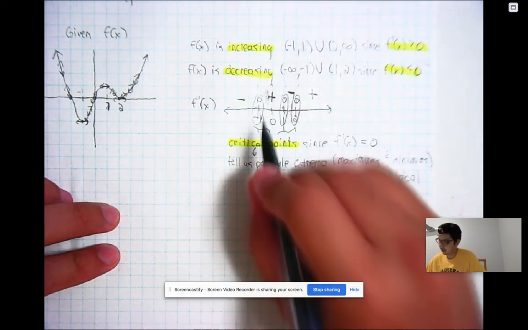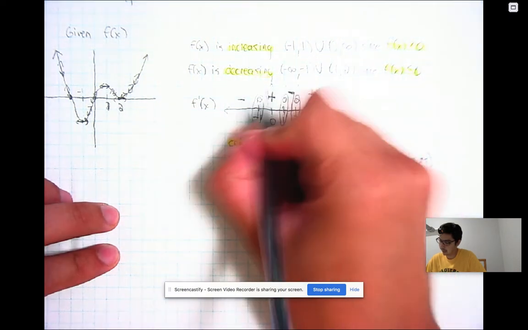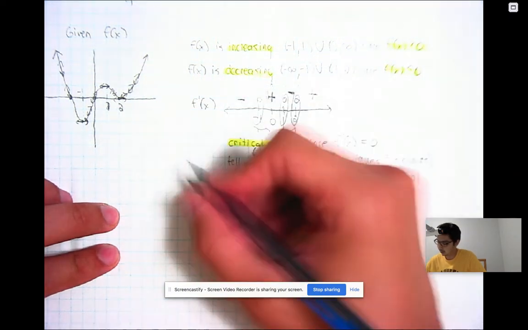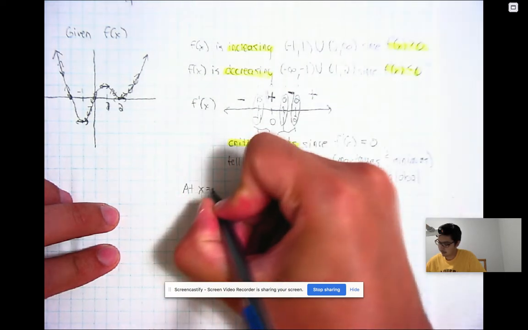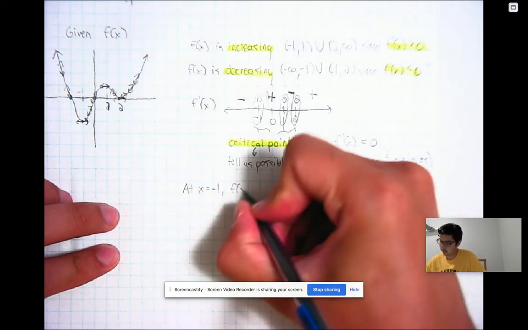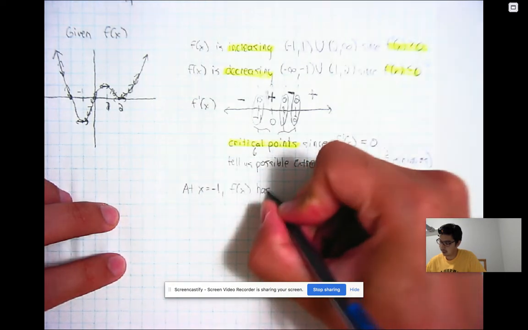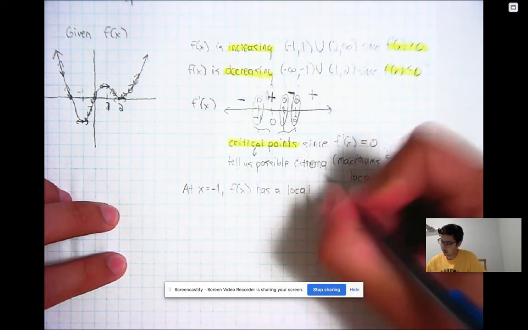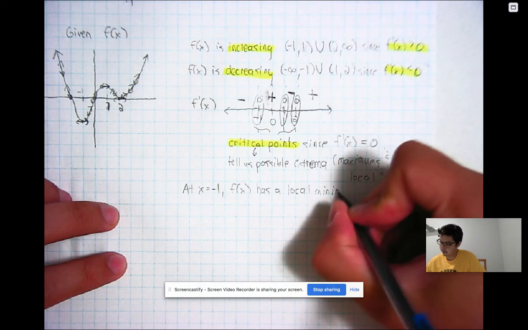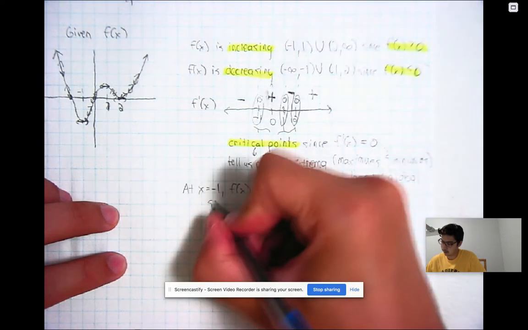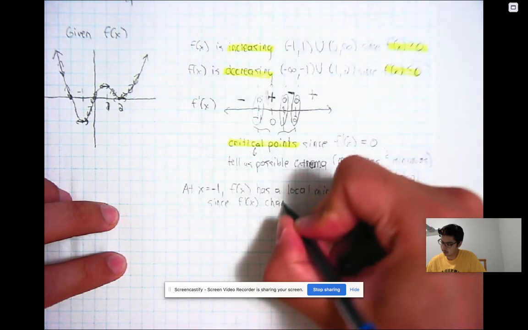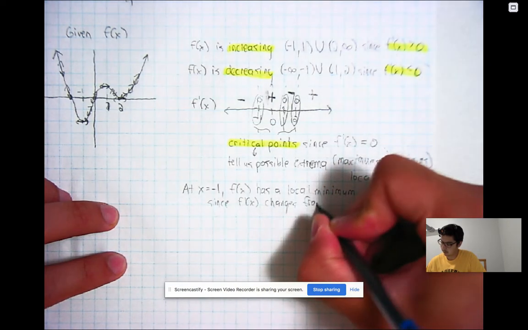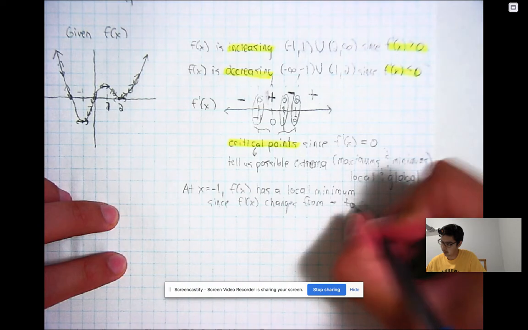So what's happening here is at -1, it's changing from negative to positive. So at x equals -1, f of x, we could say, has a local minimum since f prime of x changes from negative to positive.